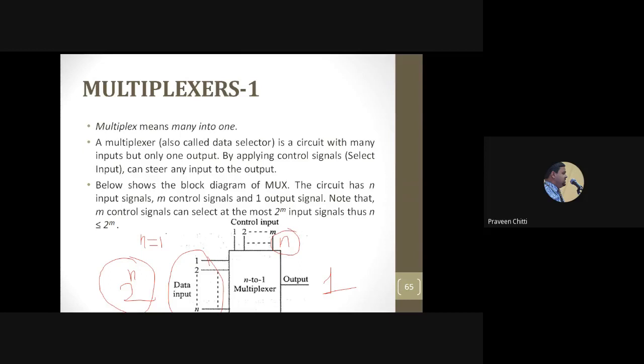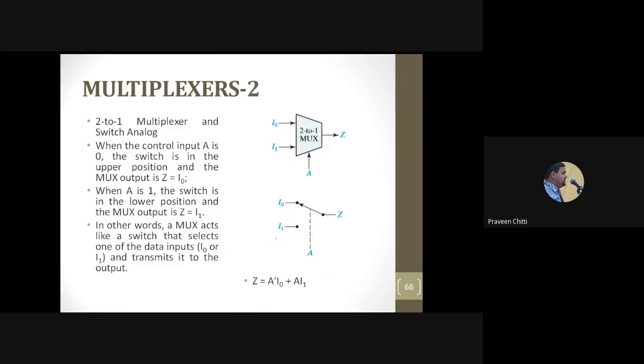Only one select line, because N is equal to 1. So one select line, 2 data inputs, and 1 output. That is the smallest of all multiplexers, and that smallest multiplexer is called a 2:1 multiplexer.